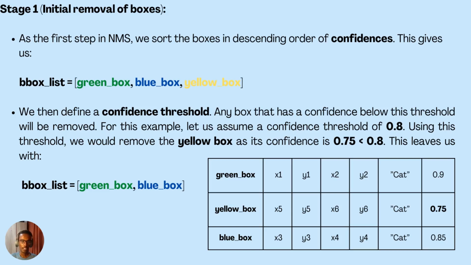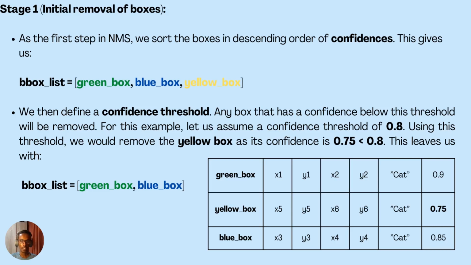And once we put them in descending order, we then define a confidence threshold. A threshold is basically a number which we define ourselves. It's like a cutoff point, and any box with a confidence score that's below the cutoff point is going to be removed.